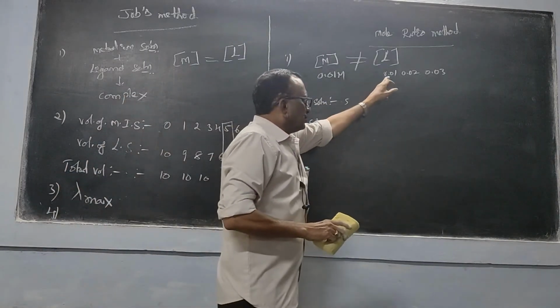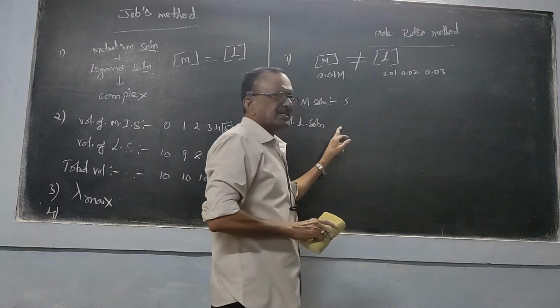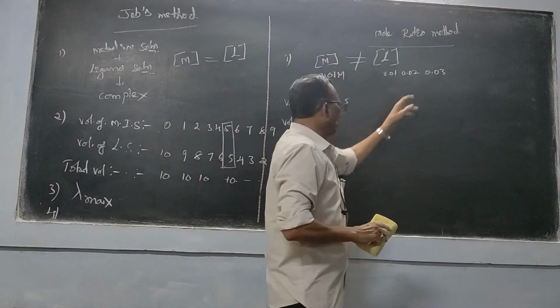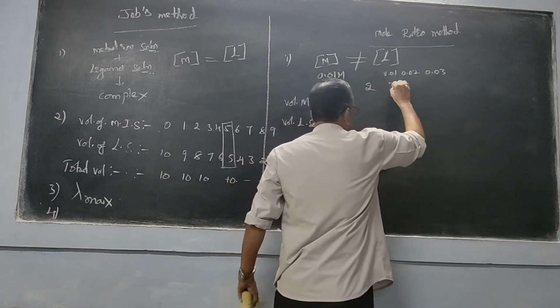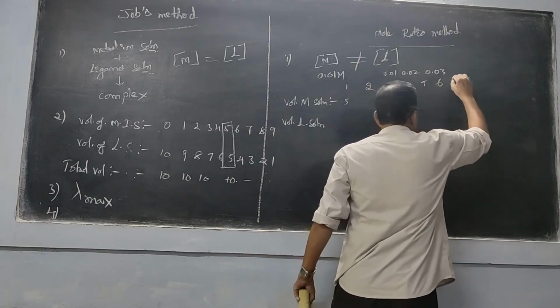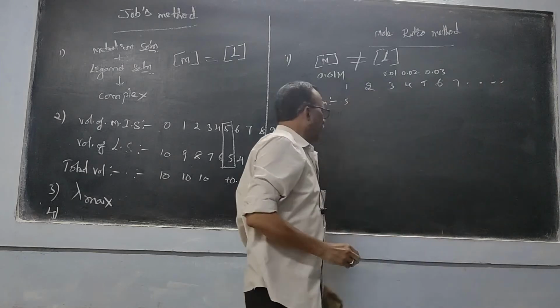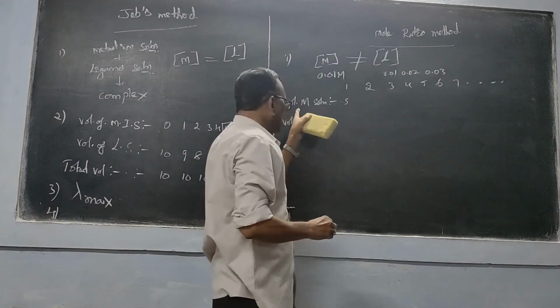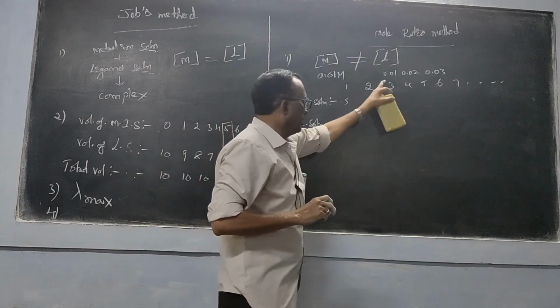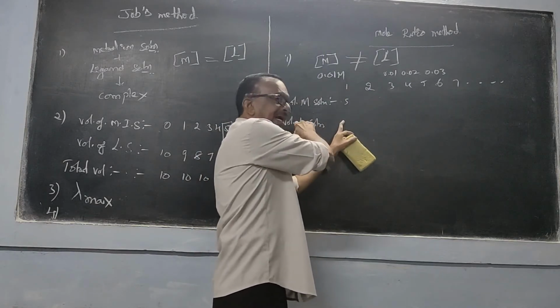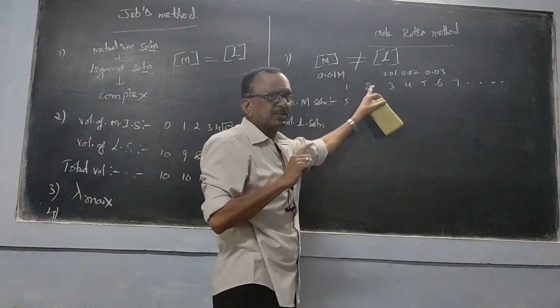Let us take an example. This is the first test solution sample, second, third, fourth, fifth, sixth, seventh, up to 10. Like that, only 5 ml, but here the concentration is only 0.0. In the next solution, 5 ml of ligand solution, but whose concentration is 0.01.